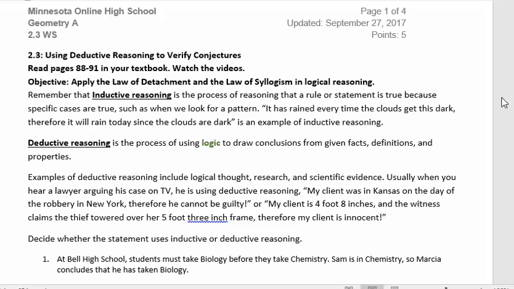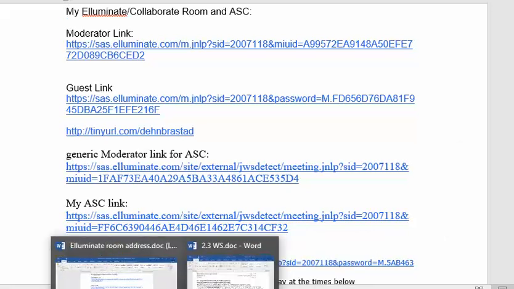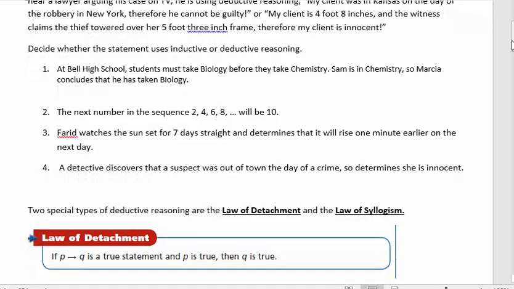All right, so let's look at, oops, sorry, that's my links instead. Here we go. Okay, so here we have, for 1 through 4, you have to decide if it's inductive or deductive. If it's a pattern, if you're looking at what happened in the past, then it's inductive.